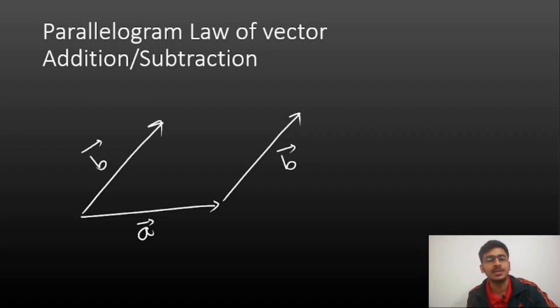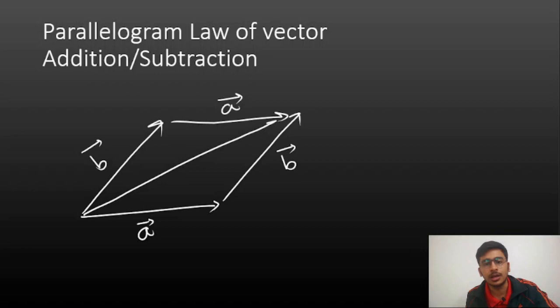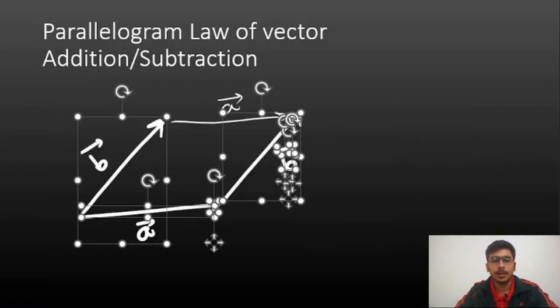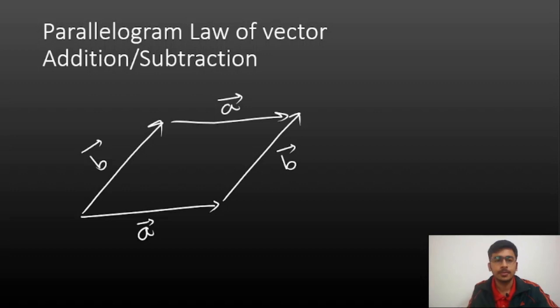I'm just picking and placing it. And similarly, this A vector can be picked and placed here. Correct? So this first diagonal represents, what does it represent? Well, it represents A plus B vector, correct?